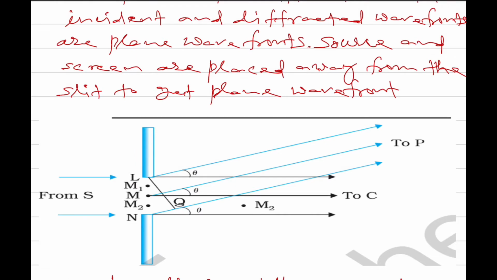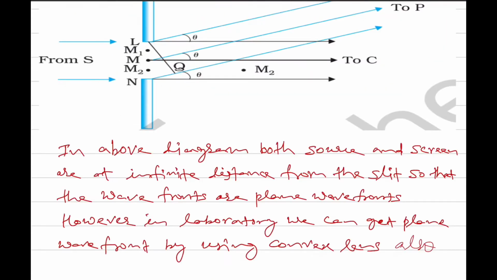You can see here, this is the slit and the source is away from the slit and the screen is also away from the slit. In the above diagram, both source and screen are at infinite distance from the slit, so that the wavefronts are plane wavefronts.